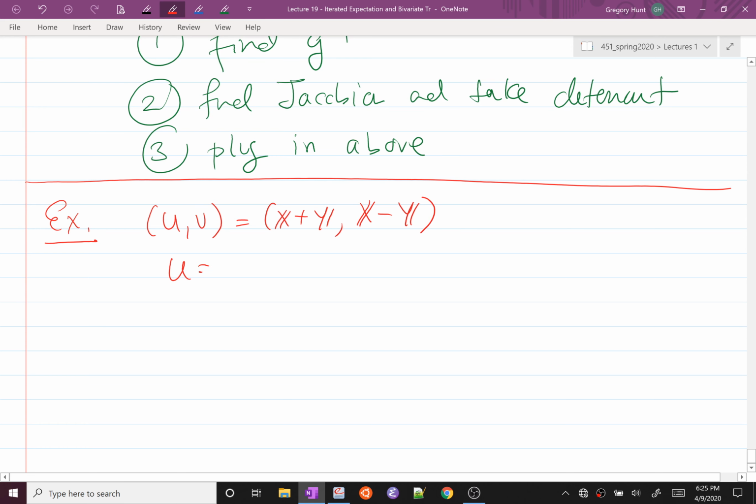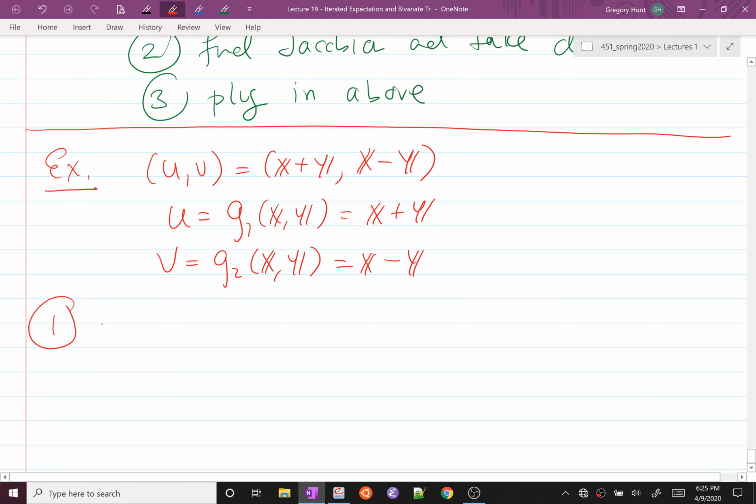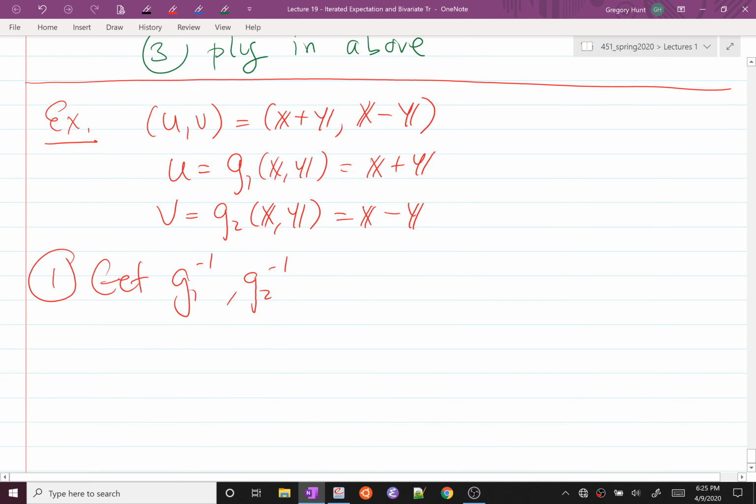So in this case, u is g1 of xy, which is x plus y, and v, g2 of x comma y, is x minus y. So step 1 is let's get g1 inverse and g2 inverse. These are the component functions of my inverse function.